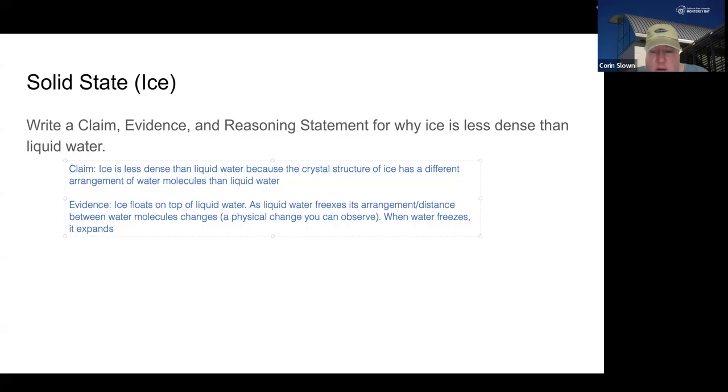Thank you, Sid. Okay. So let's think about then our reasoning here. Why is it that ice behaves that way?